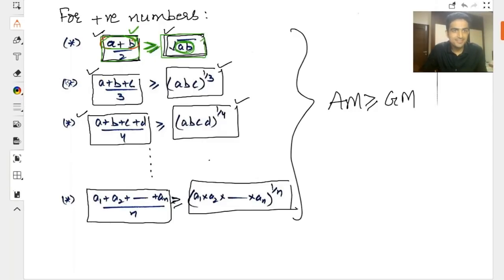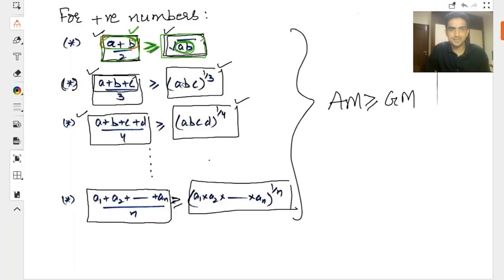Let me just re-emphasize it and then I'll come to the question. Like here, if I am asked the minimum value of A plus B plus C, I can easily find it, because A plus B plus C will be greater than equal to 3 times this. So this must be the minimum value of that.